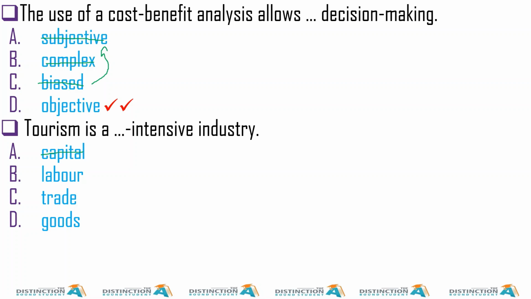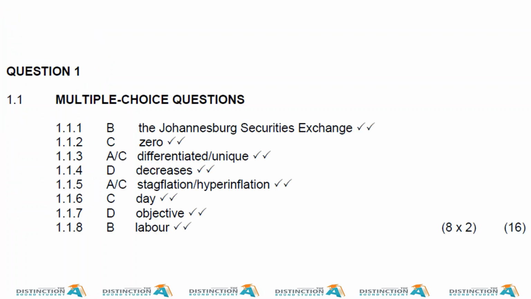It's not capital intensive. What we could say is capital intensive is things like manufacturing, because we use robots and stuff. This thing is obviously labor intensive. It's not trade intensive. What does it even mean? It's not goods intensive. What does it even mean?